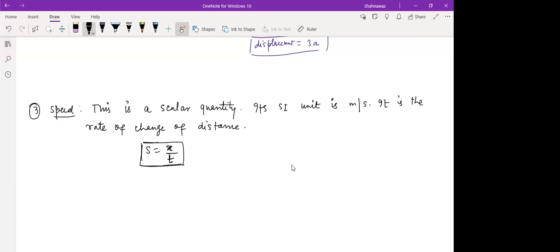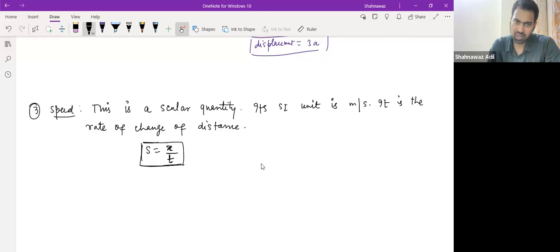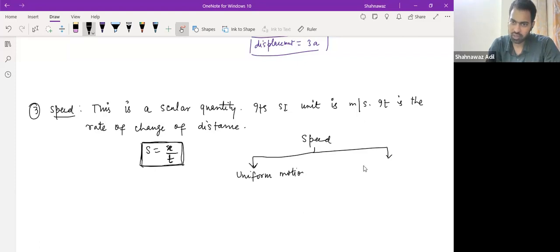There are three types of speed, dependent upon the motion of the body. I will talk about this in the next class. If you have uniform motion, and the second type is non-uniform motion.